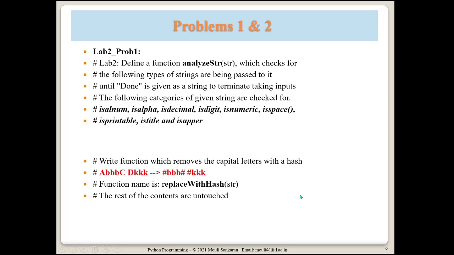Is title is something like, if you have a string where every word is capitalized, like Man On The Street, so this is a title. Any every word has a capital in the front. Is upper is all of them are capital.